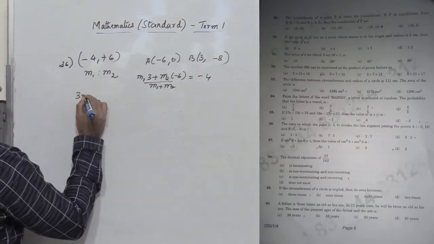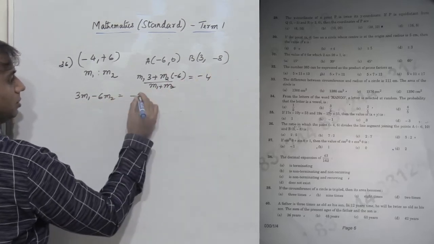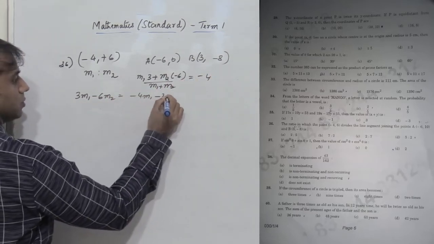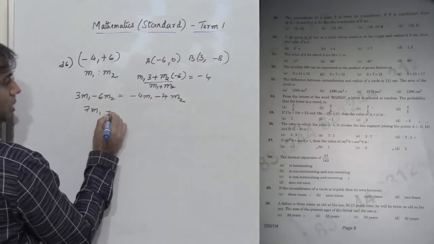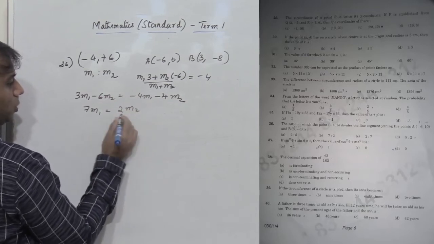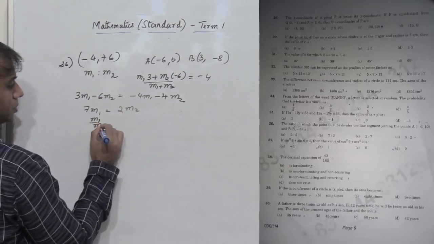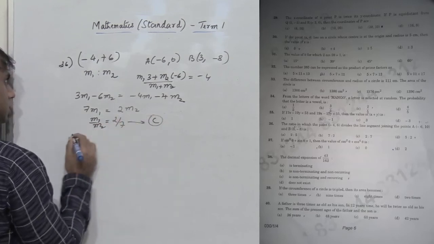So 3m1 minus 6m2 equals, take this to the other side, -4m1 minus 4m2. So bring this here, I get 7m1 equals 2m2. So m1 by m2 equals 2 by 7. So this is option C.